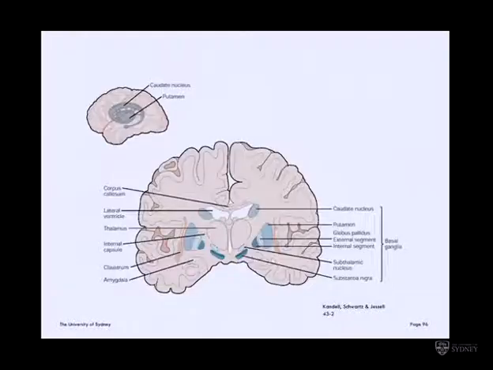Okay, so here's what a coronal section looks like. Here are your ventricles, your two lateral ventricles. Okay, there's your third ventricle right there. Following the lateral ventricles all the way around is the caudate nucleus. So you can actually see, I'll show you some MRIs, where the caudate nucleus actually impinges on the lateral ventricles. It actually protrudes into the lateral ventricles and follows it all the way around.